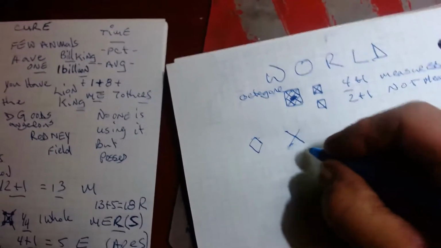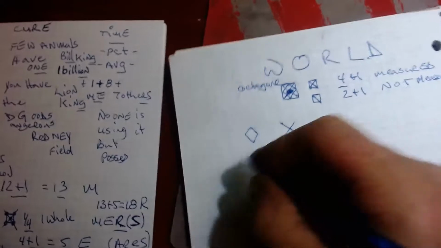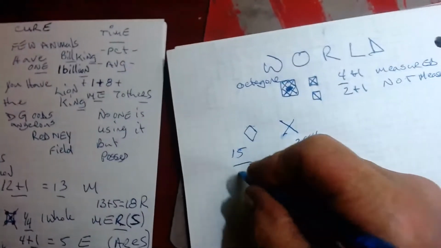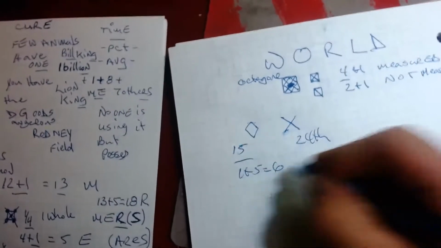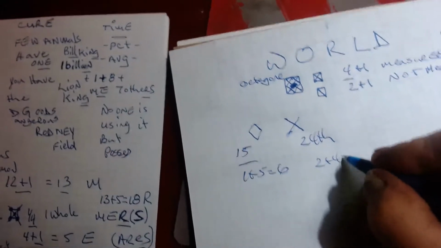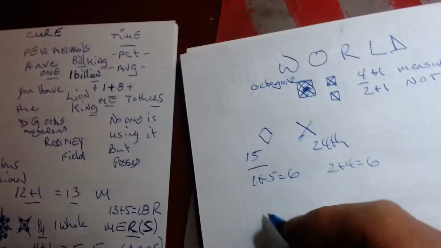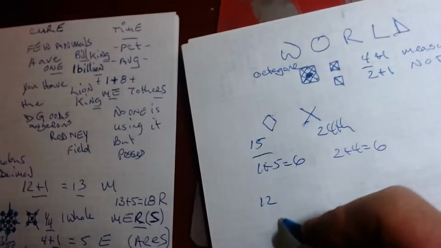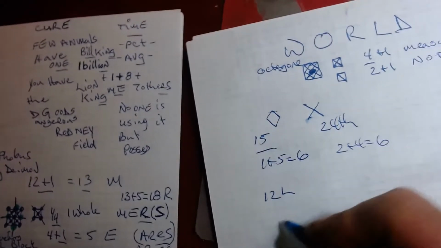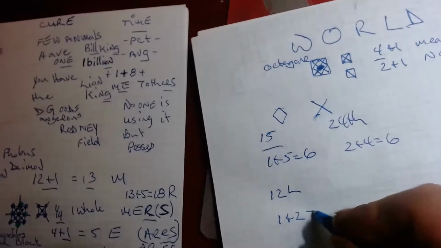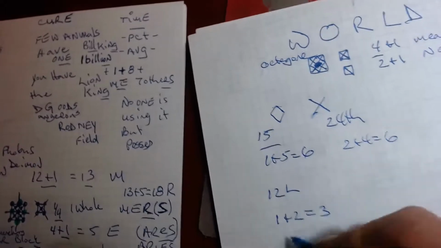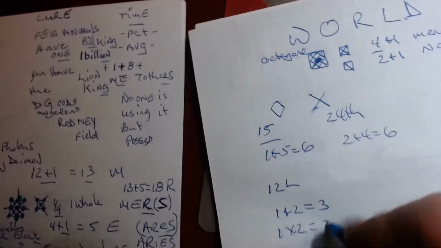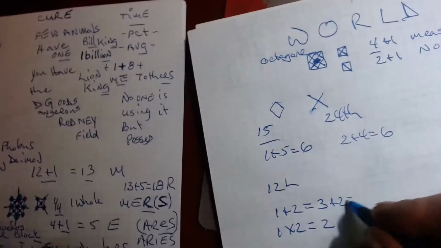Here's your X and your O, your 24th and your 15th letter. 1 plus 5 equals 6. 2 plus 4 equals 6. Their reverse is the 12th letter, L. 1 plus 2 equals 3. 1 times 2 equals 2. 3 plus 2 equals 5.